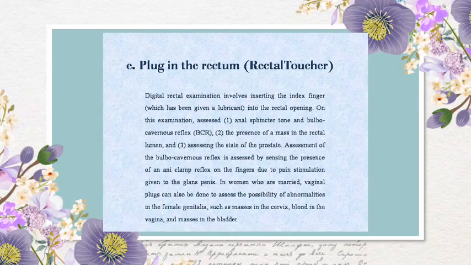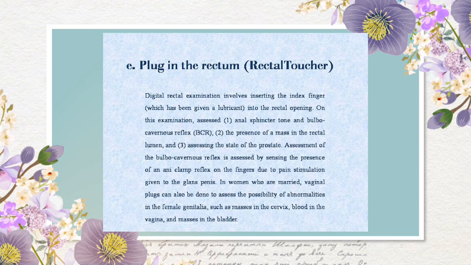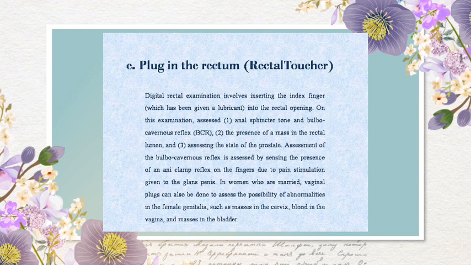Examination of the rectum, or rectal toucher. Digital rectal examination involves inserting the index finger into the rectal opening. On this examination, assess first the anal sphincter tone and bulbocavernosus reflex or BCR.